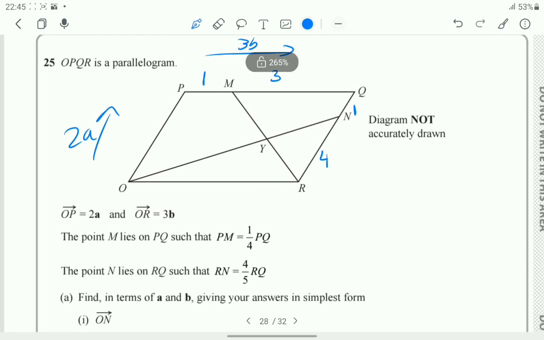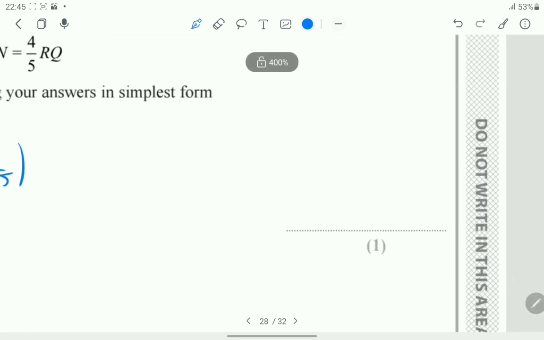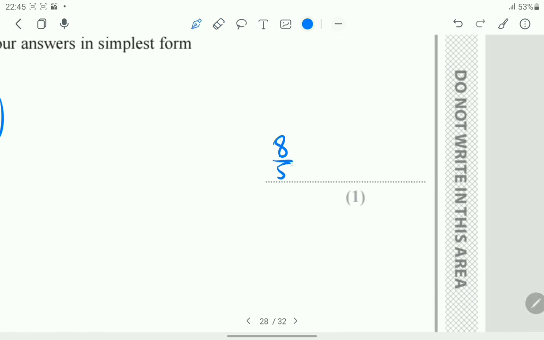For ON we need to go here and here, so it would be something like 3b plus 2a, but it is 4 by 5, and that gives us 3b plus 8a by 5. So, just to make it neat, it would be 8 by 5 a plus 3b.